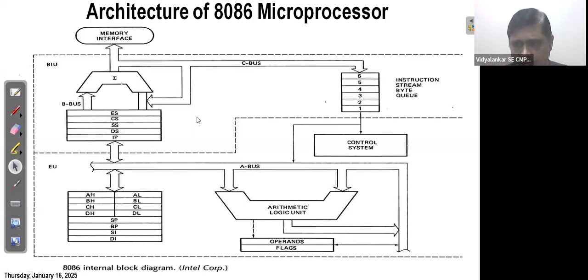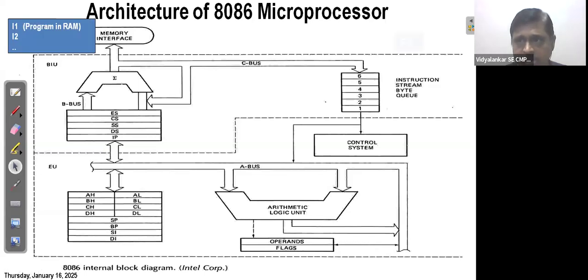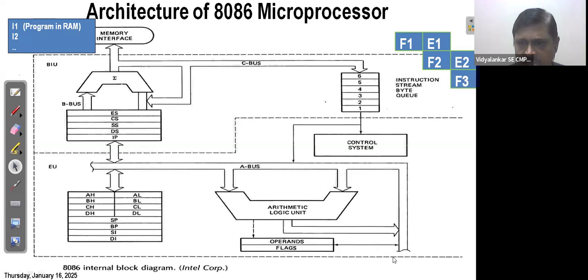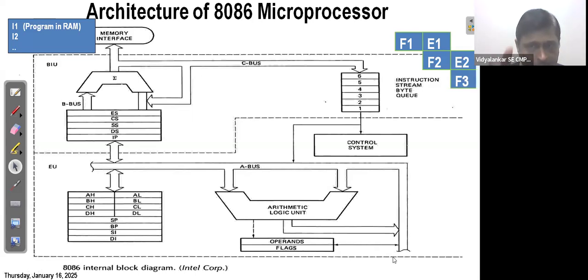Now let me bring some more diagrams into our discussion. This is diagram 1 and this is diagram 2, just for reference. What you see in the dotted line, I am hovering my mouse on those dotted lines, is the architecture of the 8086 microprocessor by Intel. I have taken this diagram directly from the Intel manual.